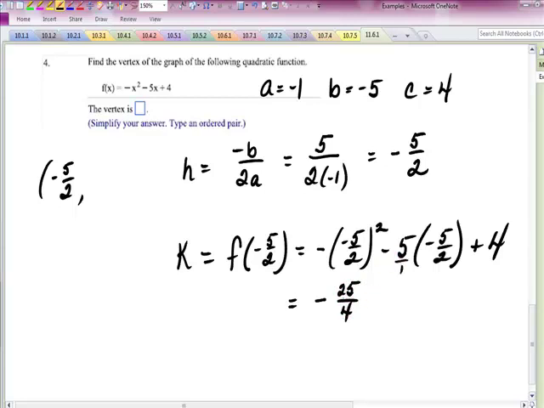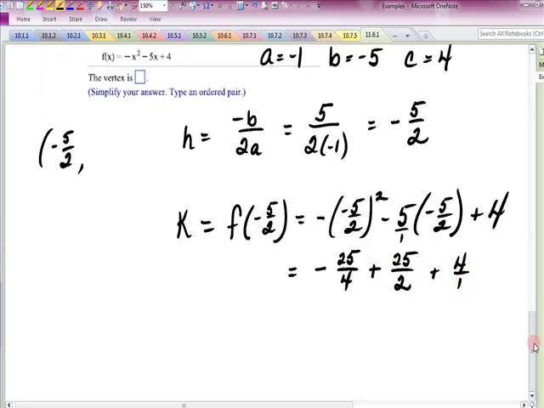This negative 5 is as if it's over 1. Negative times negative is positive. 25 over 2 plus 4, and I'll put it over 1. So I have to get a common denominator. The common denominator will be 4.